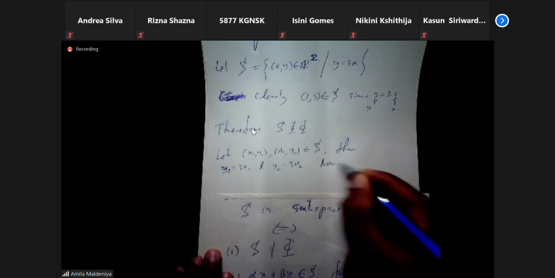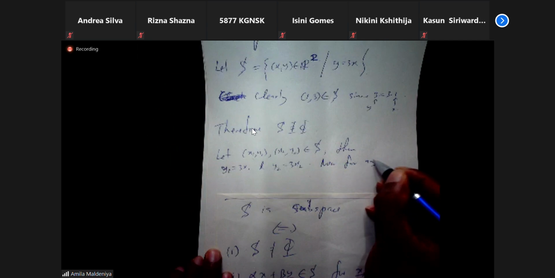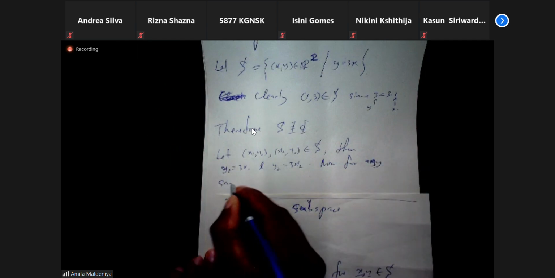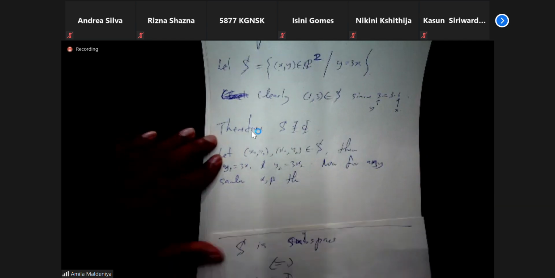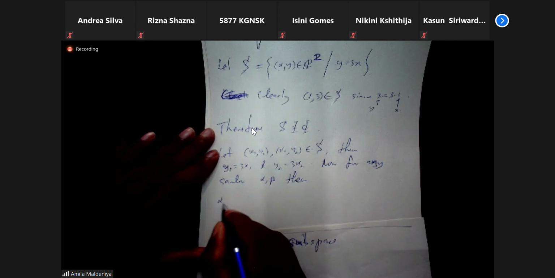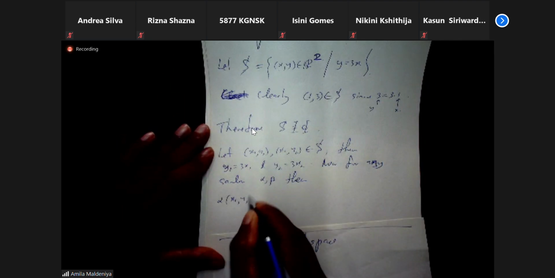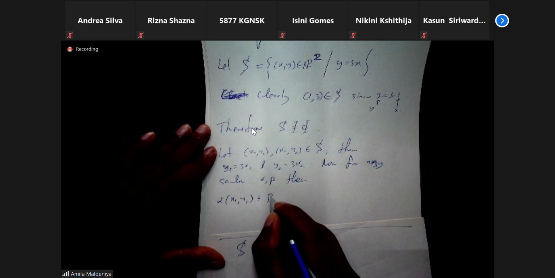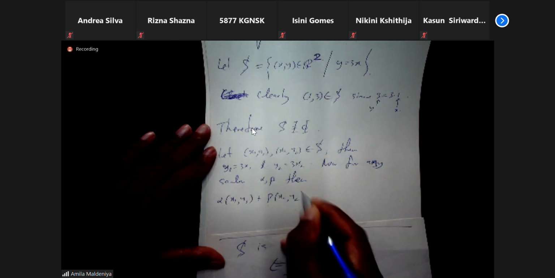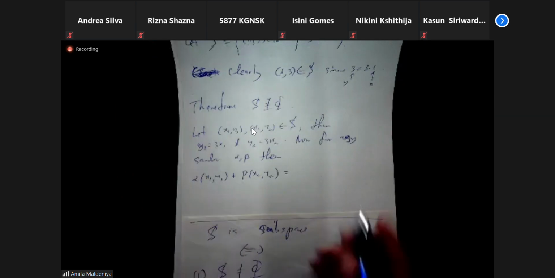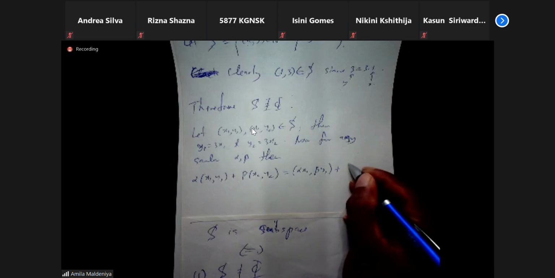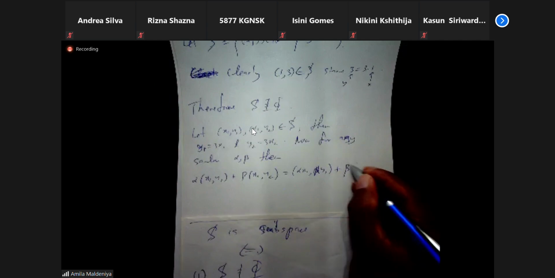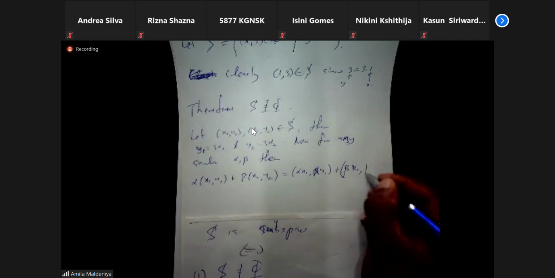Now, for any scalars, let's call them alpha and beta, alpha times (x1, y1) plus beta times (x2, y2) equals (alpha x1, alpha y1) plus (beta x2, beta y2).